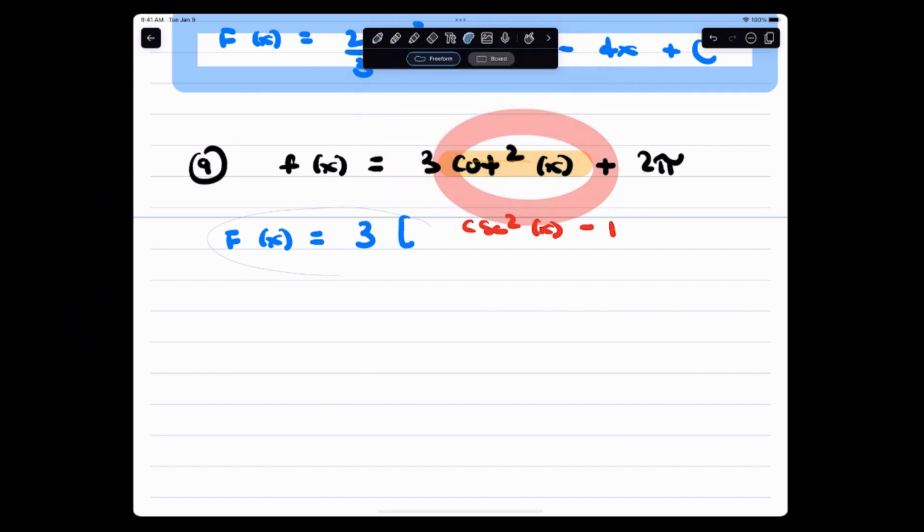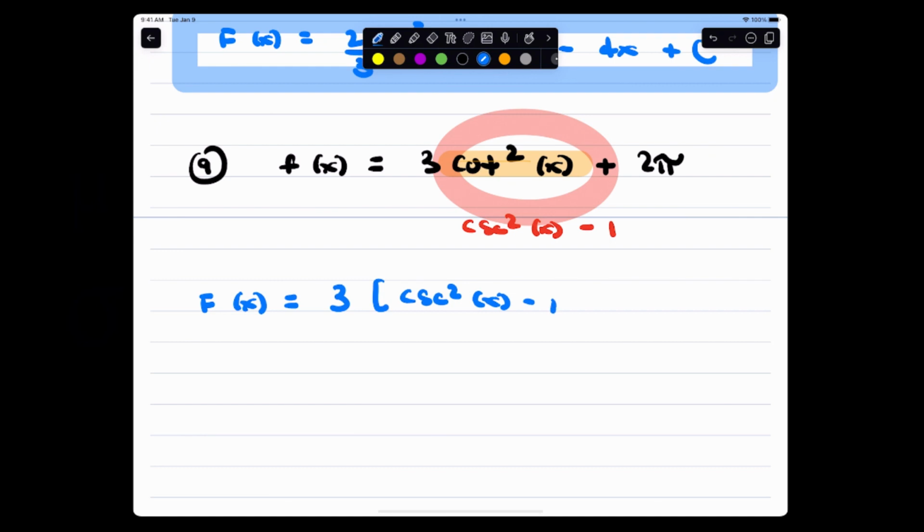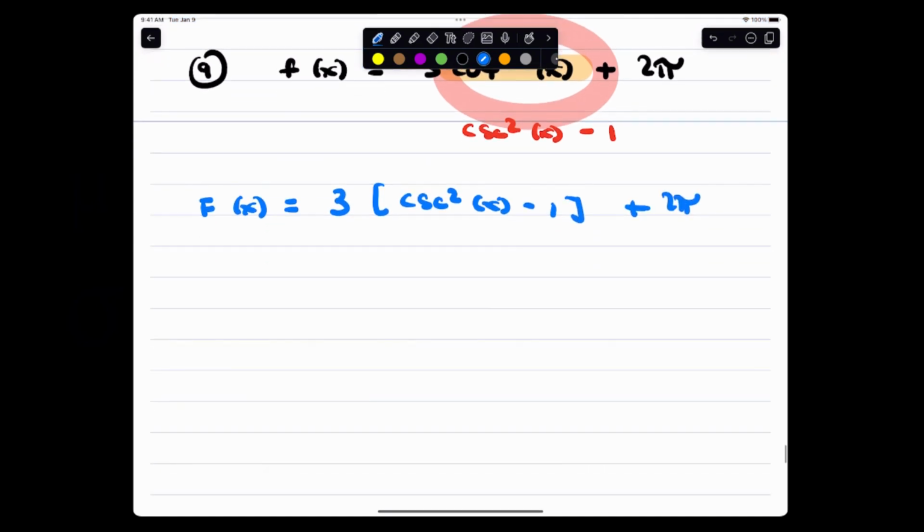So, let's see. Oops. Sorry, that's not even the antiderivative yet. Okay.